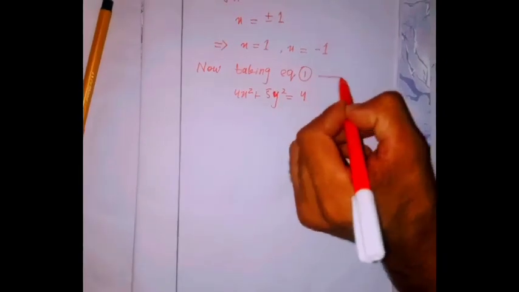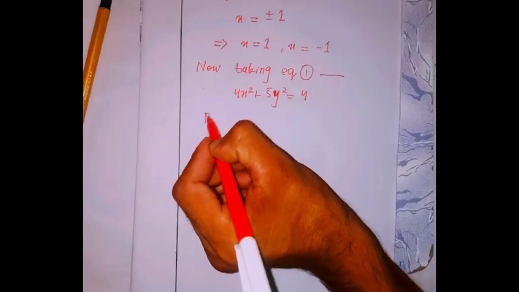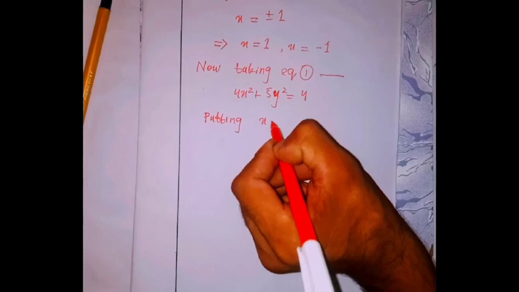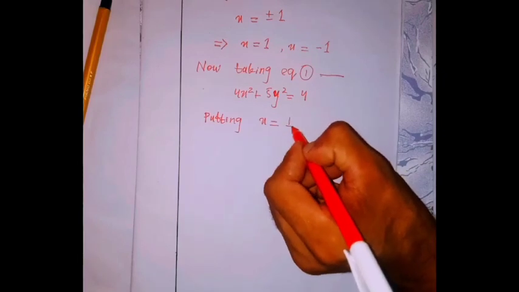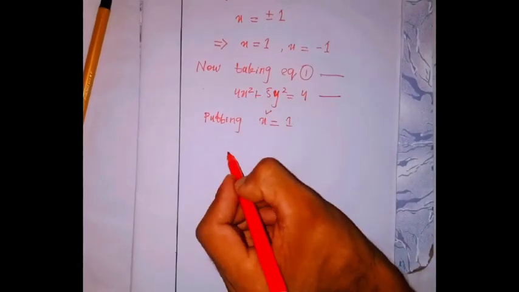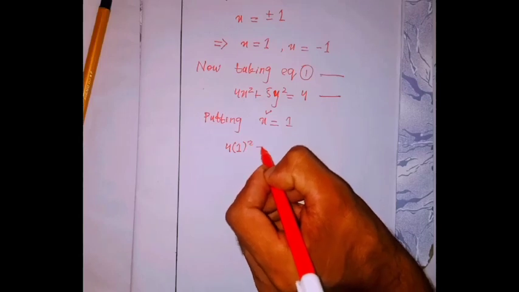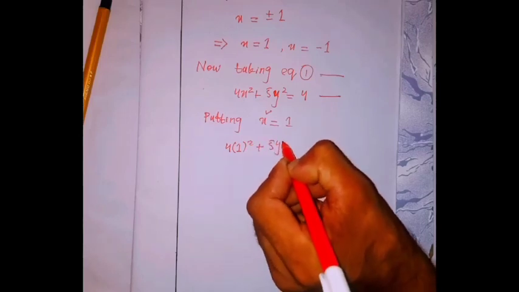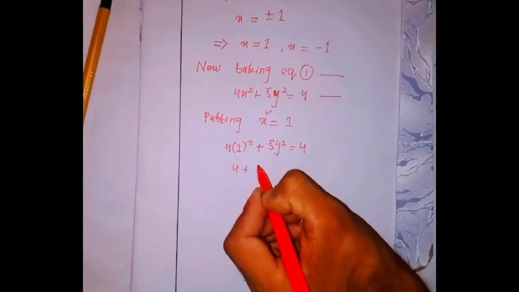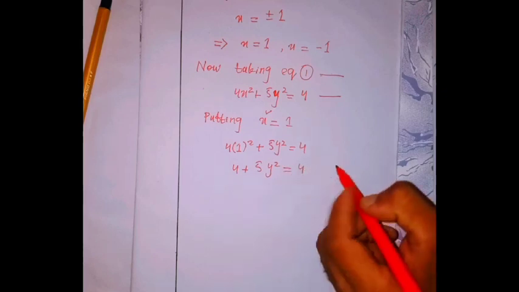Now taking equation 1, which is 4x square plus 5y square is equal to 4, we will put the values of x, which is 1 and minus 1. First we put x is equal to 1. So 4 into 1 square plus 5y square is equal to 4. So from here we get 4 plus 5y square is equal to 4.